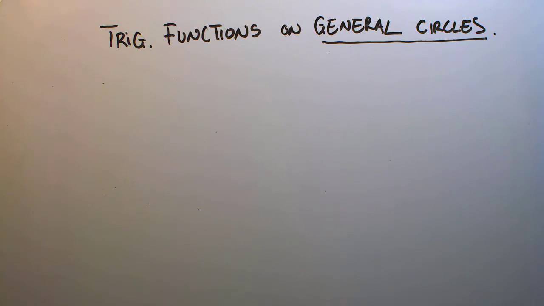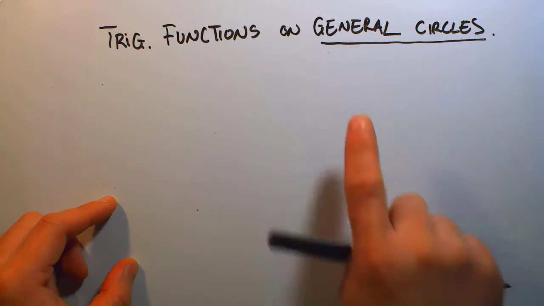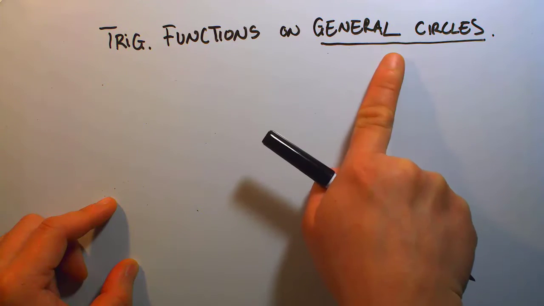All right. So all those explanations about the beginning understanding of trig functions have started out on the unit circle, which is that circle with two special characteristics: radius 1 and center at the origin. But now, what about when we're working with general circles?